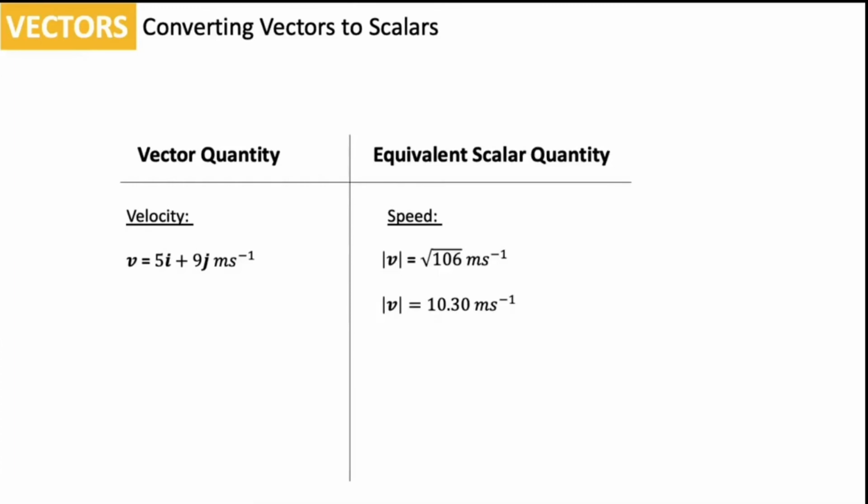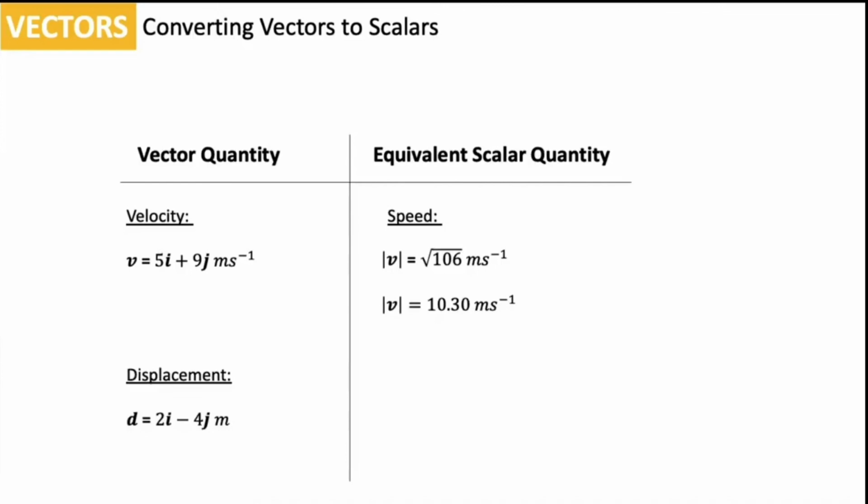That gets us a speed of 10.3 meters per second. So the velocity was 5i plus 9j meters per second, whereas the speed was 10.3 meters per second. You can easily convert a vector into a scalar, but the scalar won't go back into a vector because there are many vectors that have this scalar answer, and we wouldn't know without additional information which vector to return to.